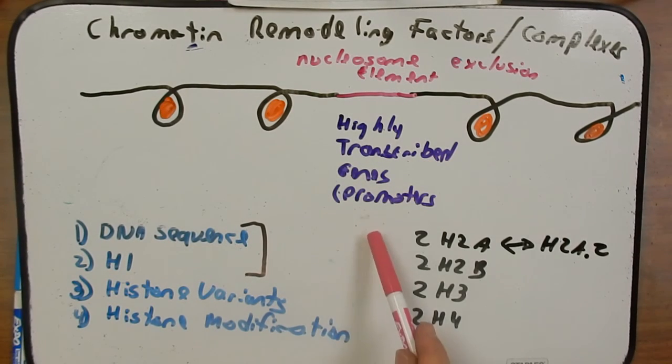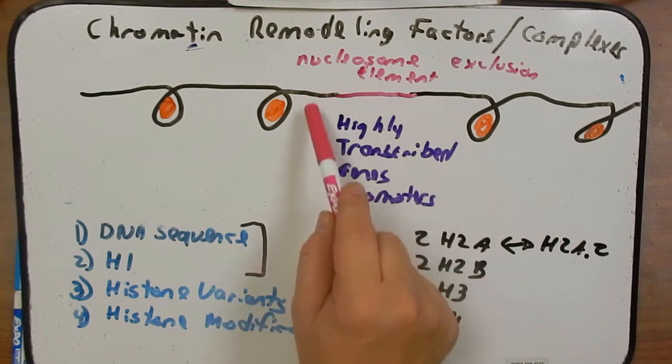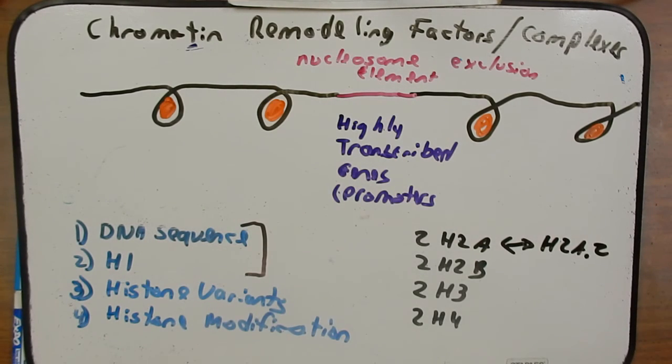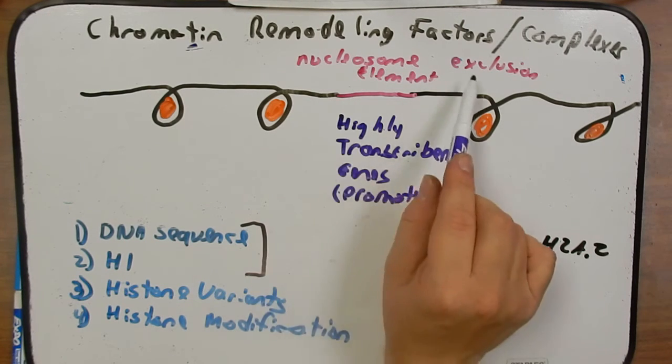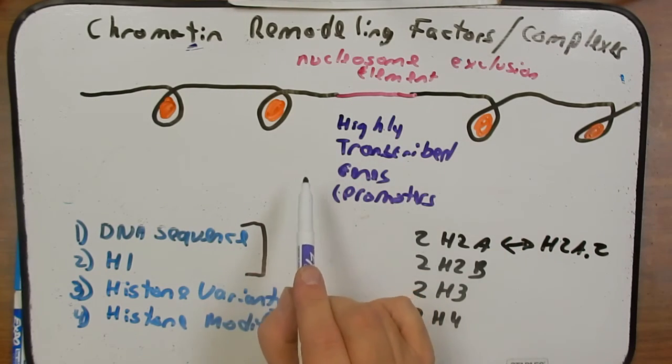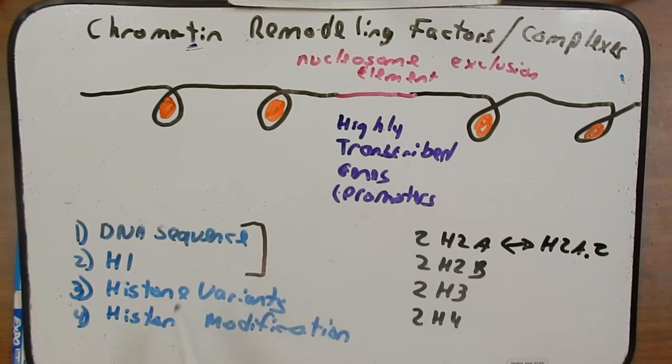So that in itself, alone, without talking about histone variants yet, helps expose this DNA so that these chromatin remodeling factors can come in here and activate transcription. What is usually found flanking these nucleosome exclusion elements are variant histones.